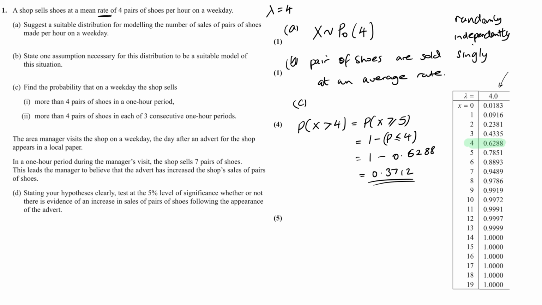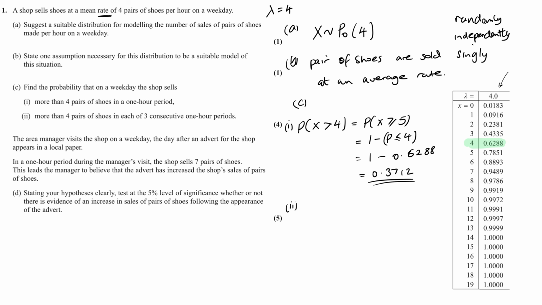Now, part 2 here is more than 4 pairs of shoes in each of 3 consecutive 1 hour periods. So we've got the probability of getting it in 1 hour. If it's going to be in consecutive hours, then that's the probability of greater than 4, and the probability of greater than 4, and the probability of greater than 4.